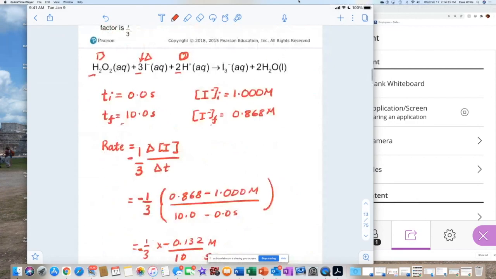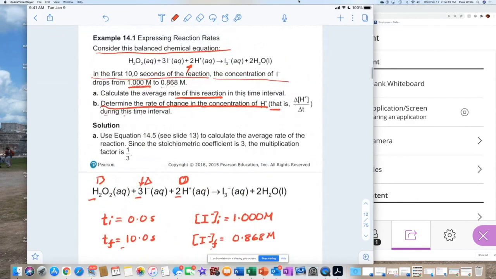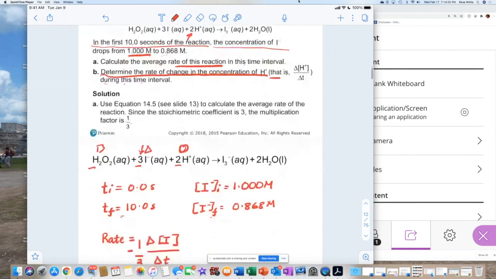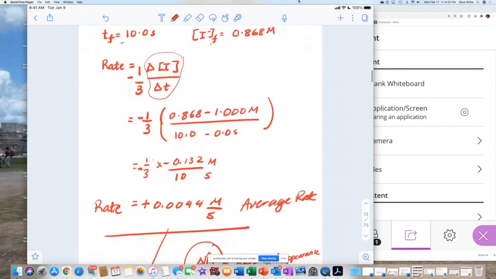They told you the amount. You should be able to figure out the amount by which I minus will also be less, which we didn't really work out that way, but you can just do the change in this over time here. Subtract these two, divide by 10. So it should be, looking at this right here, like 0.0132.